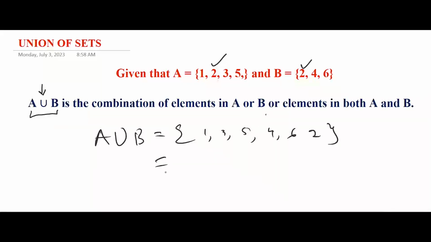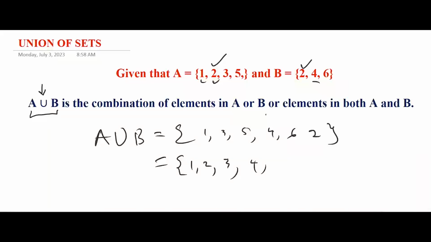So in a nutshell, what A union B simply means is that you should combine the elements in the given sets, which you could easily write as 1, 2, 3, 4, 5, and 6. I've written 1, I've written 2, then 3, then followed by 4. You can see that I have 2 here and 2 here, so I don't need to write 2 twice, because in set repetition is not allowed.